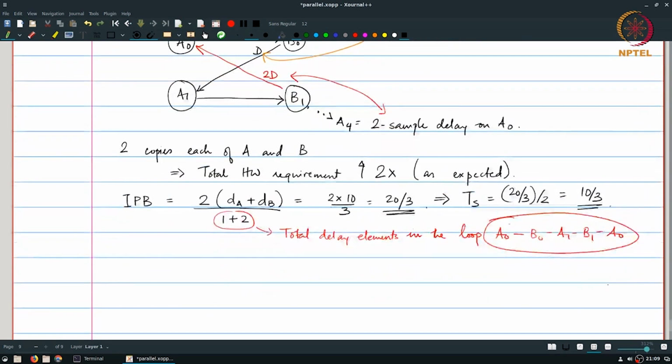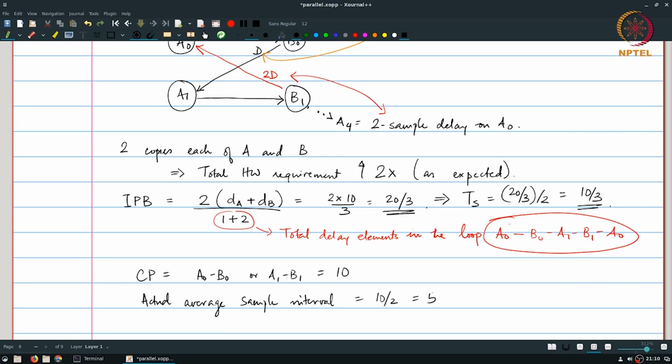What is the practical sampling period? The critical path in this case is of course equal to A0 to B0 or A1 to B1, which is 10, which means that the actual average sampling interval is going to be equal to 10 divided by 2, or 5, which is closer to 10 by 3 than the original best, which was 10 itself, but has still not done the best possible.